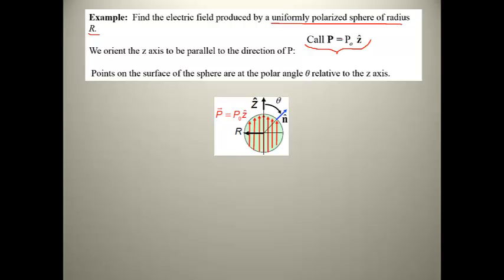So we orient the coordinate system so that it's along this z hat direction, and that's the direction of P. So if we look at the coordinates, then here's our capital R off in any direction, that's a scalar. And we have the z-axis here, and we have the normal vector to the sphere given by n hat. And theta would be the angle between the point that we're interested in here and the z-axis.